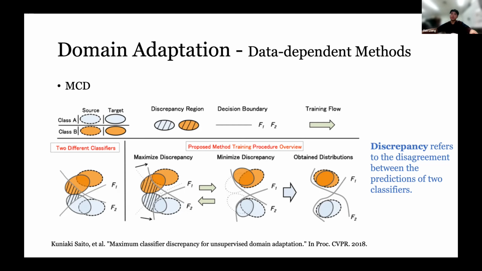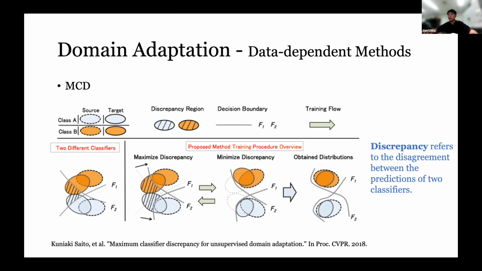So we optimize the features and try to capture the difference between the different classifiers. During the training, these two steps are alternately trained, and the discrepancy between the two classifiers is minimized and maximized in an iterative manner.